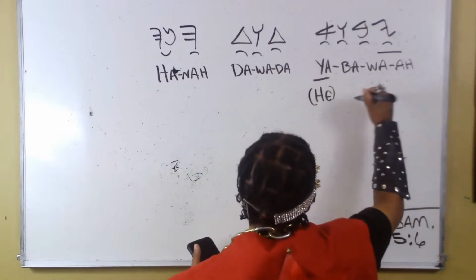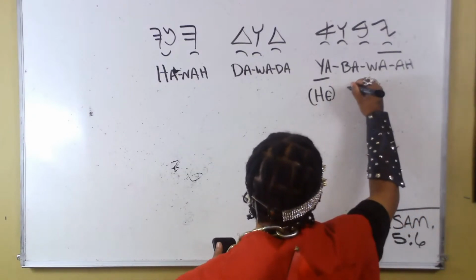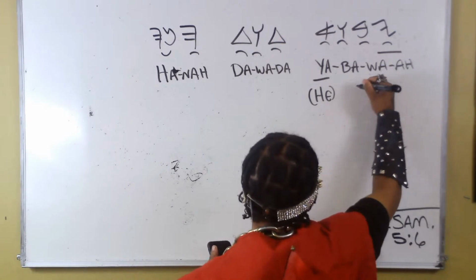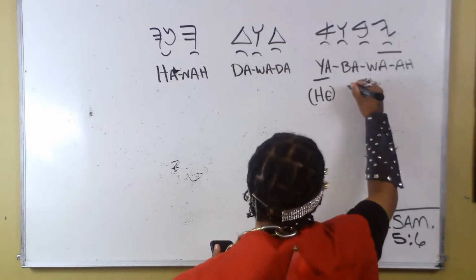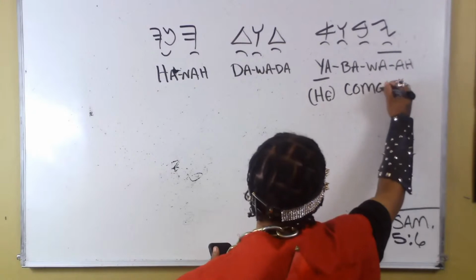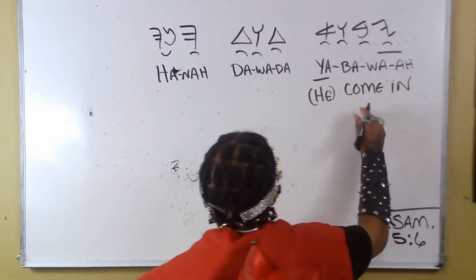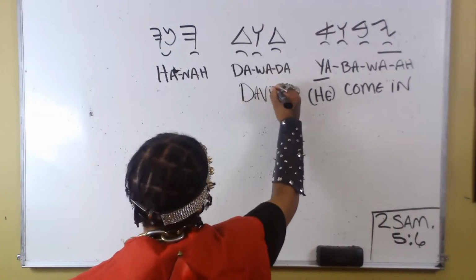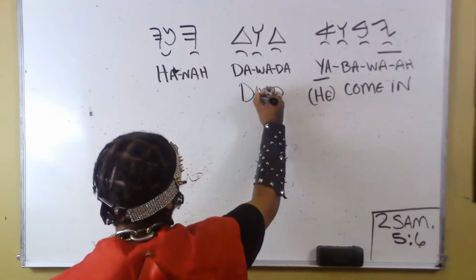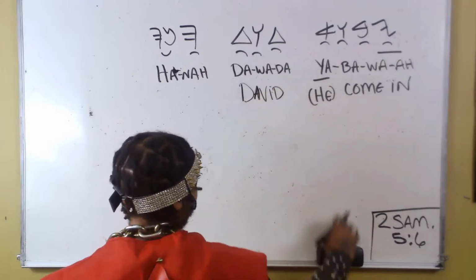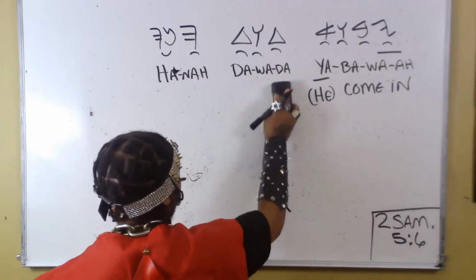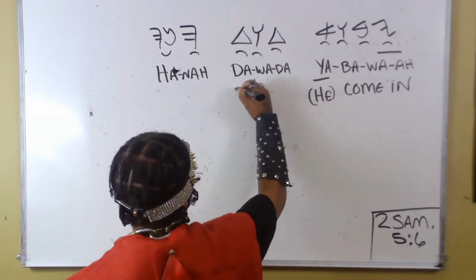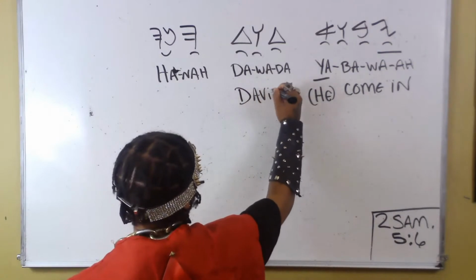He will, and then what did we use? Enter in. We'll use come in. In this case, come in, David. Right? Come in, David. Trying to jam it up. Let's fix it. Boom. Come in, David.